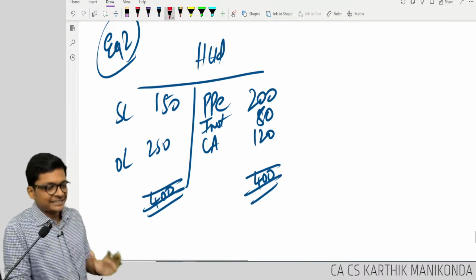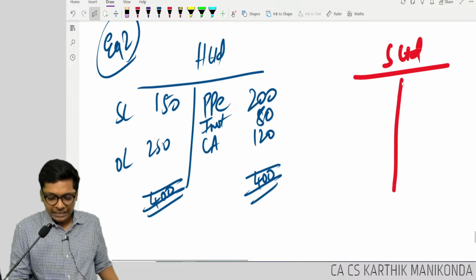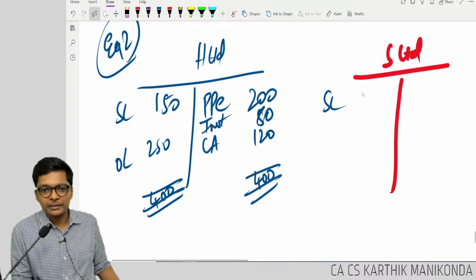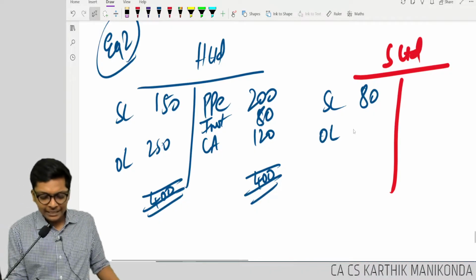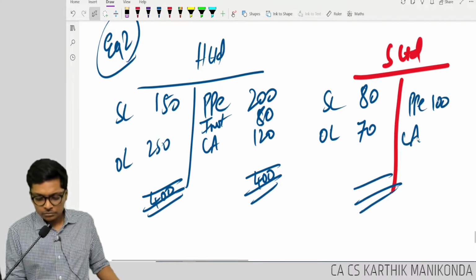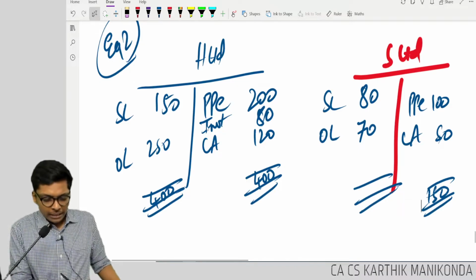Nothing new, I am using the same values. Now we are buying what, guys? S Limited, where share capital, in our example, was 80, then other liabilities was 70, PPE 100, 50. This example is correct if you invested how much, guys?